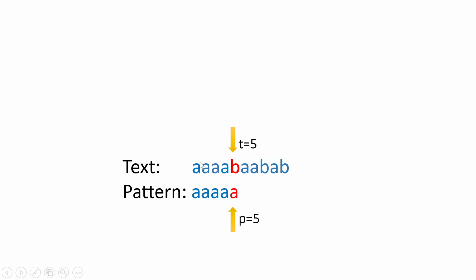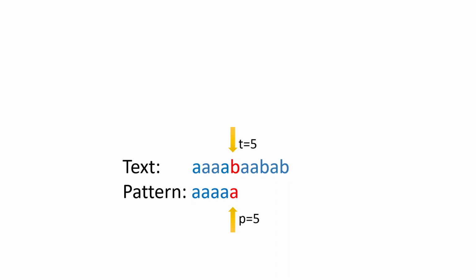We started with the first character of T and couldn't find a pattern match, so we need to move to the second position of T. That's why we would decrement T to the second position. And for the pattern, because we are starting fresh when T equals 2, we'll start from the first position of the pattern.